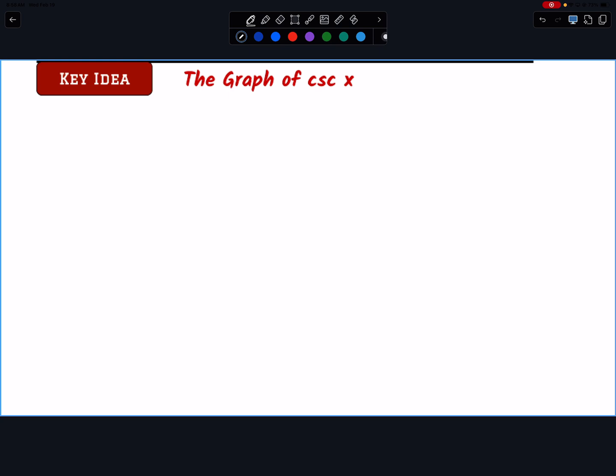So to graph y is equal to cosecant of x, remember that the cosecant of x is the same thing as 1 over the sine of x.